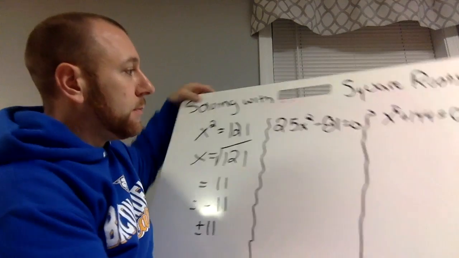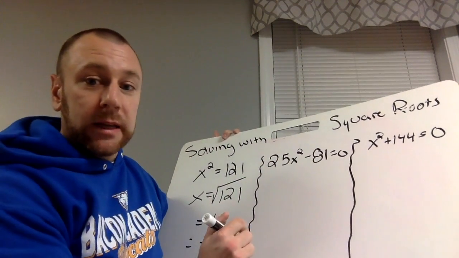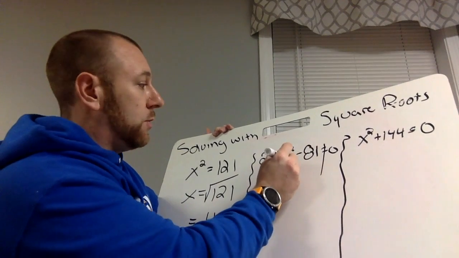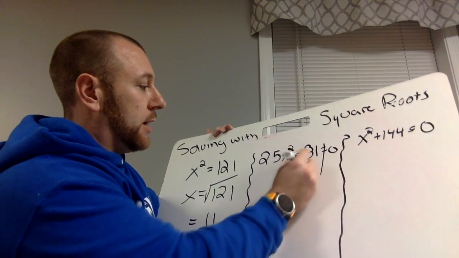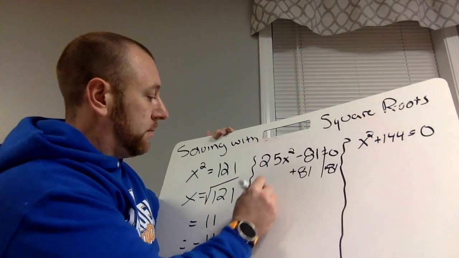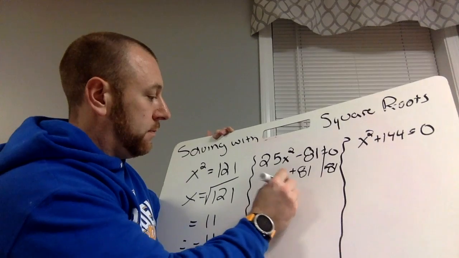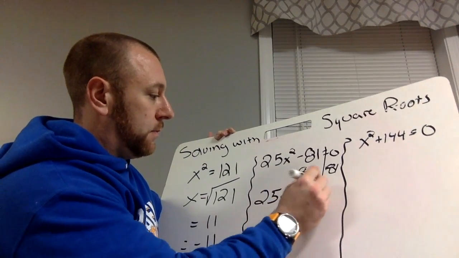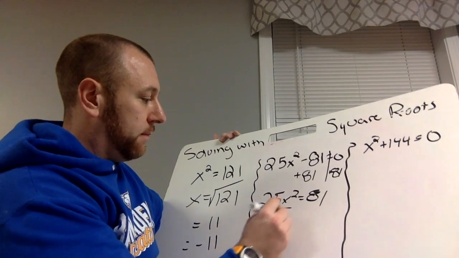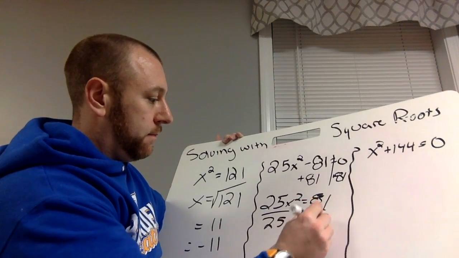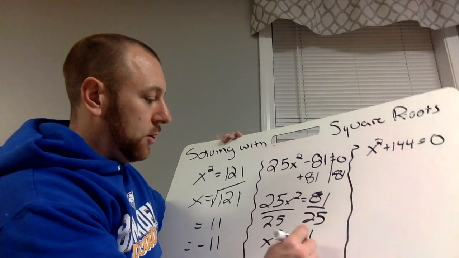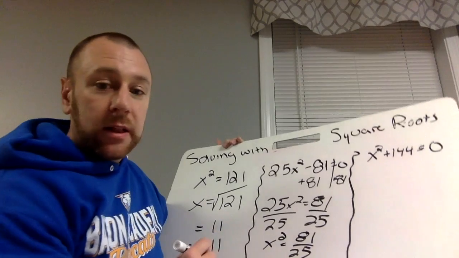Now, you're going to be faced with problems like this too, where you have an equation. So you solve it just like any other equation. You would add 81 on both sides. Now you're trying to get x alone, so I'm going to divide by 25. And now I have x squared equals 81 over 25. I'm going to leave it as a fraction.